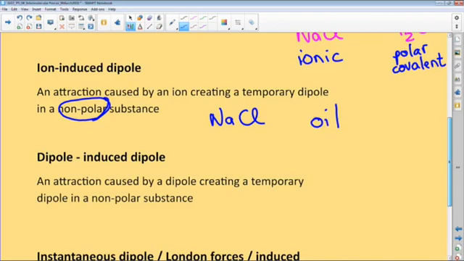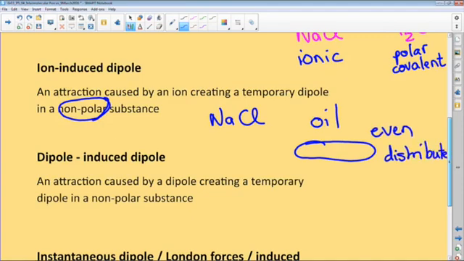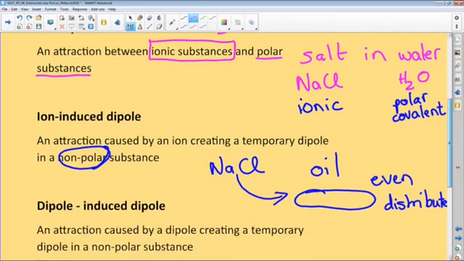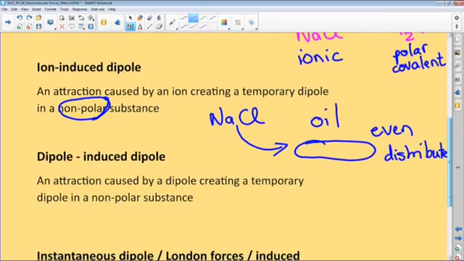An oil molecule, if I was to draw it, is going to have an electron cloud like that, which means that it has an even distribution. There's no one side that is positive or one side that is negative. So if I bring these two into contact with that substance, what's going to happen is that it's going to cause a temporary dipole.